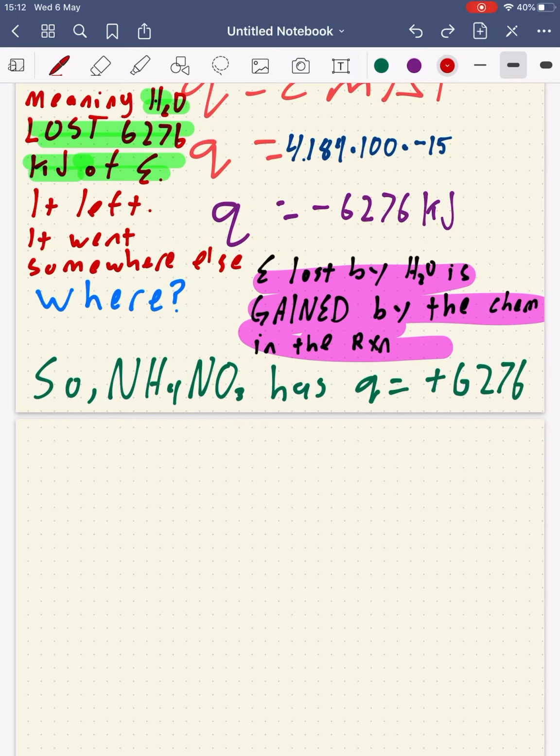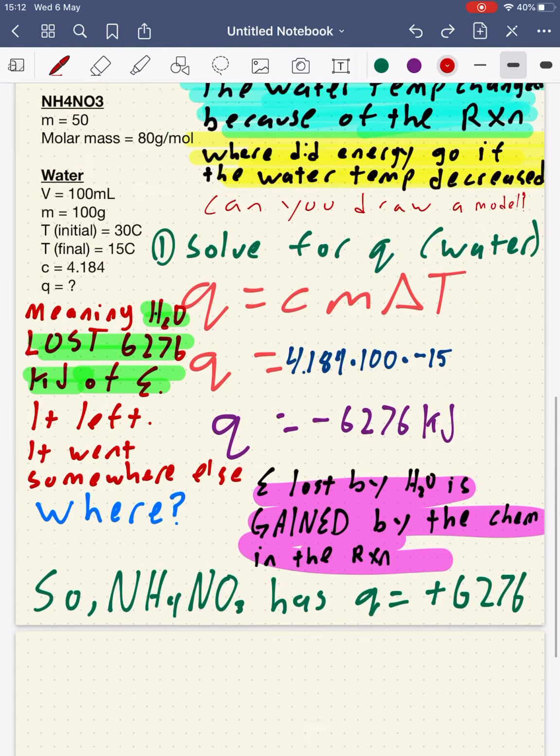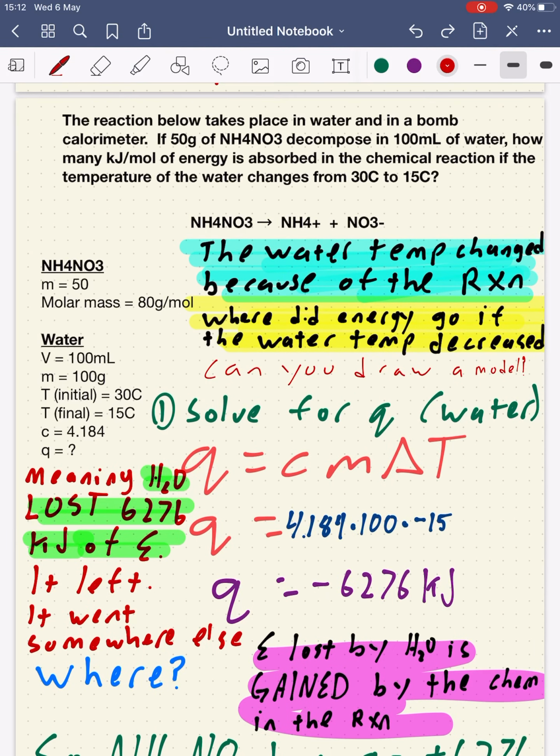All right. So the question was about kilojoules per mole. So how do we do that? Well, up at the top, I gave you some additional information, right? We had the mass of the ammonium nitrate, and then I also gave you the molar mass of it. That was easy to figure out. Nitrogen has a molar mass of 14. There's two of those. 14 times 2 is 28.